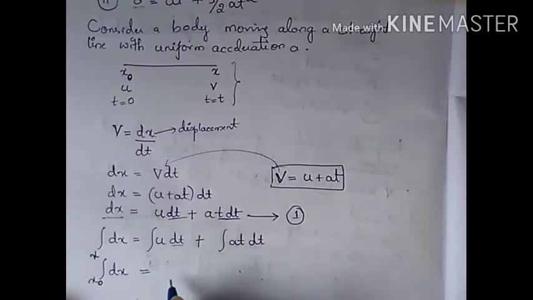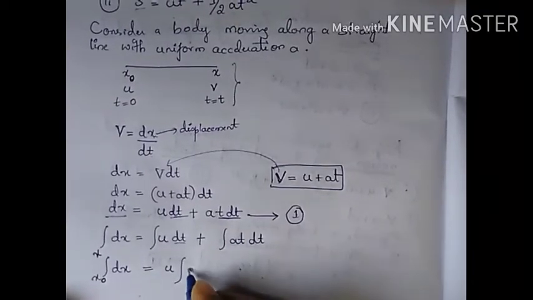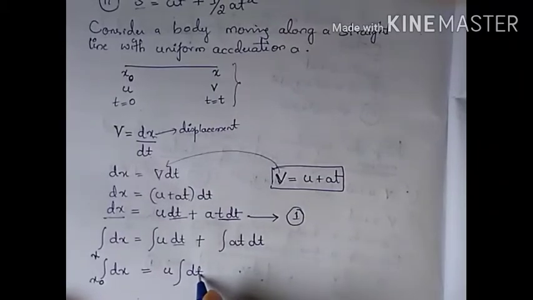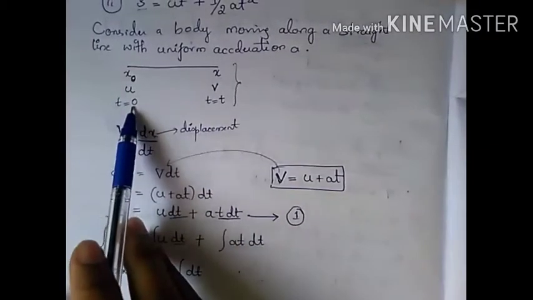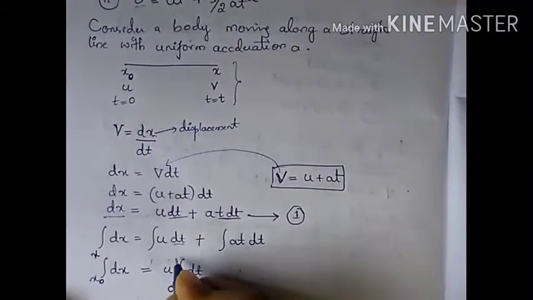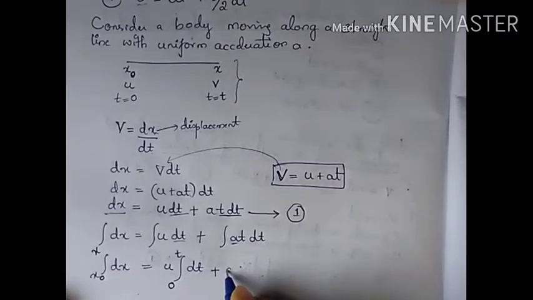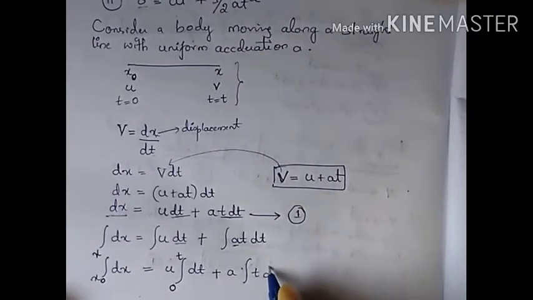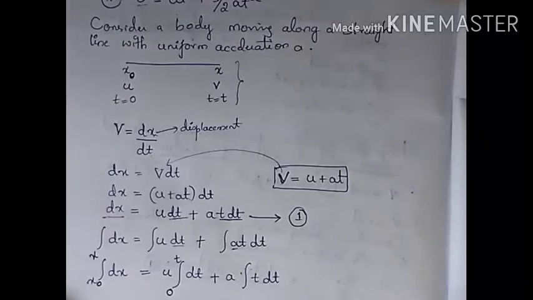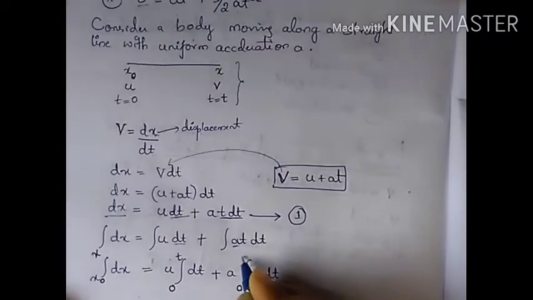Here the variable is dt, so you cannot integrate u; take u outside. The limit for t is from 0 to t. Plus a, you cannot integrate it, so take it outside as well, and the integration of t dt, where again t varies from 0 to t.